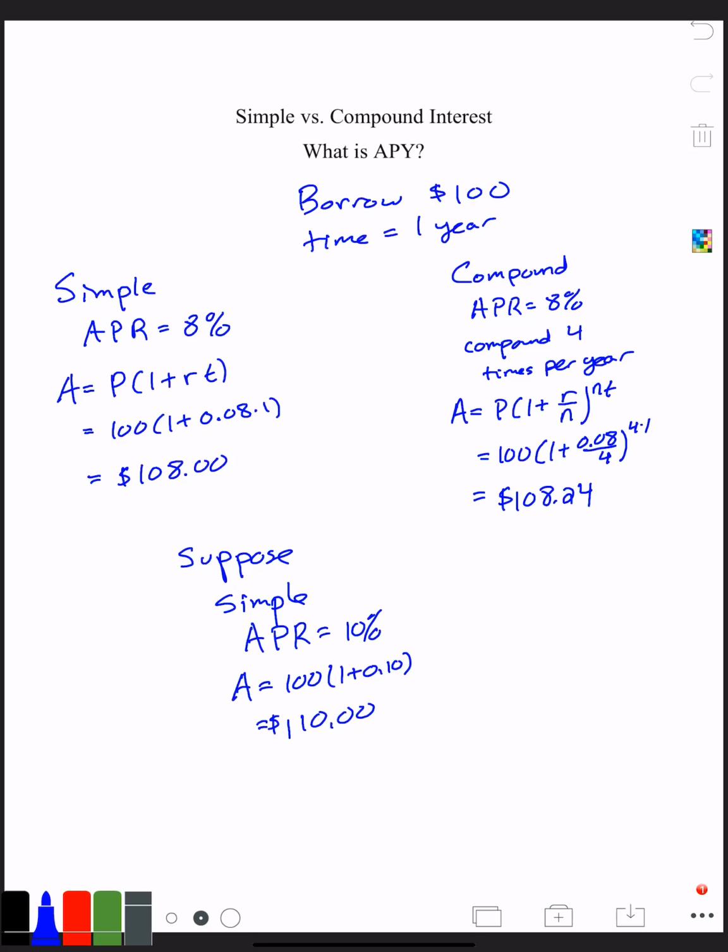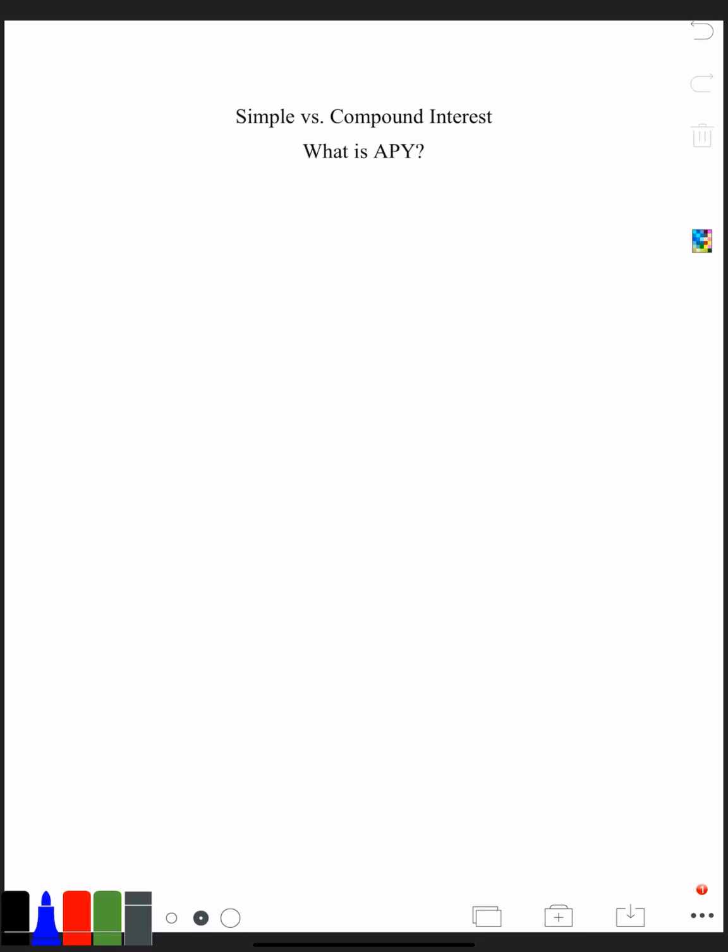Well, in this case, we have a nice way we can do this. We can use our algebra skills. So the idea is we have an amount from simple interest, P times 1 plus RT, and we have an amount from compound interest, P times 1 plus R over N to the NT. Once again, we're always going to look at what happens with only 1 year, so our T is going to be 1 in both cases.